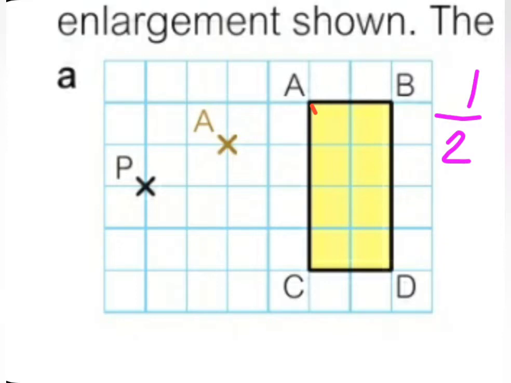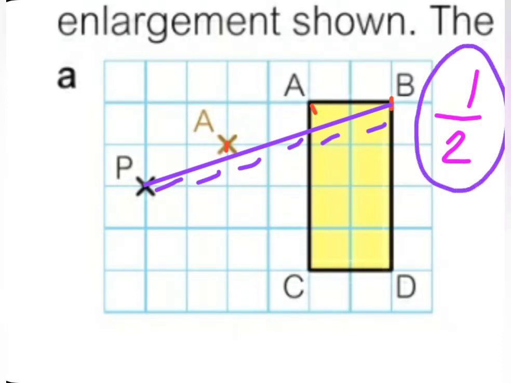Now, let's work on point B. With point B, the distance between the center of enlargement and point B itself is like this. It's 1, 2, 3, 4, 5, 6. And when you multiply 6 by half, you get 3.